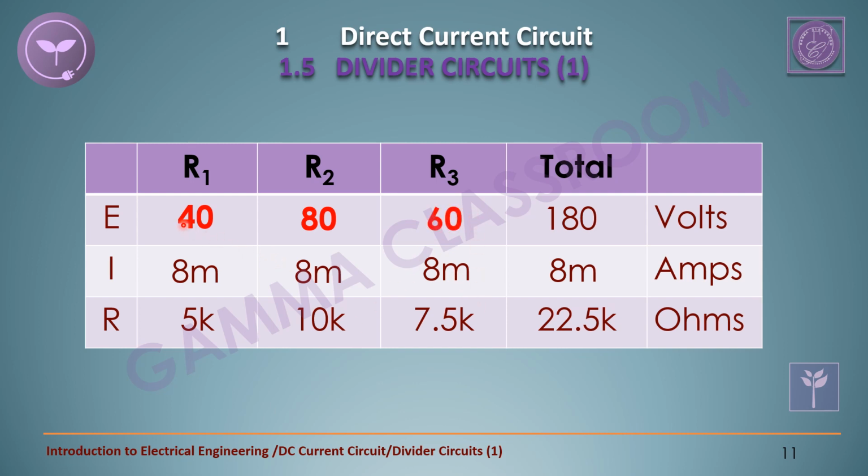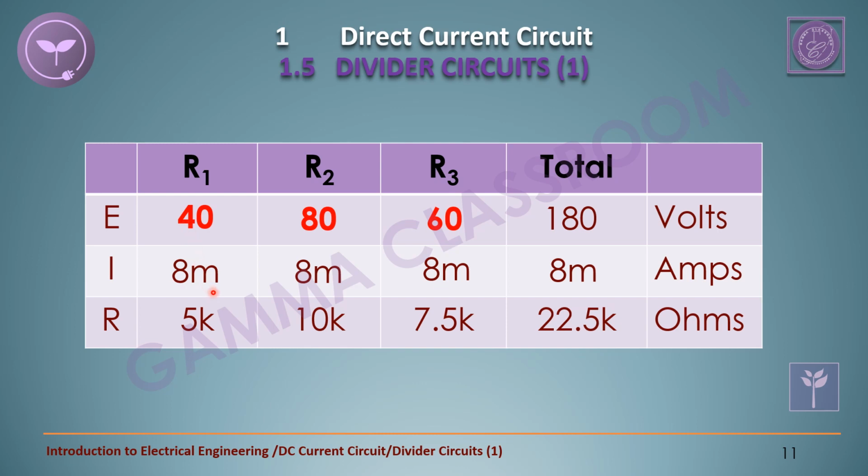So total 40 plus 60 equals 100, plus 80 is 180, equal to 180 here. And the voltage across R2 is still exactly twice that across R1. You see, 80 is twice 40.